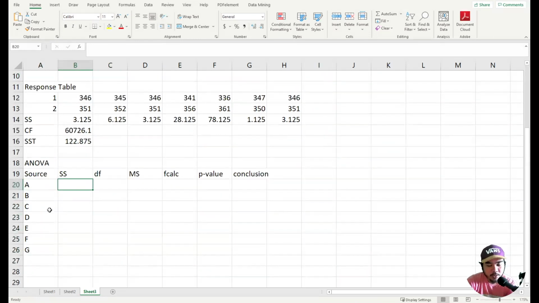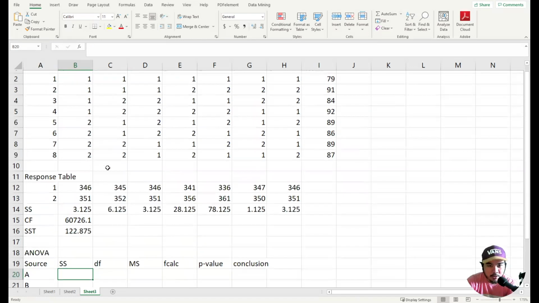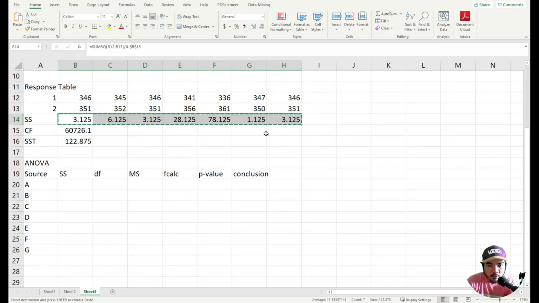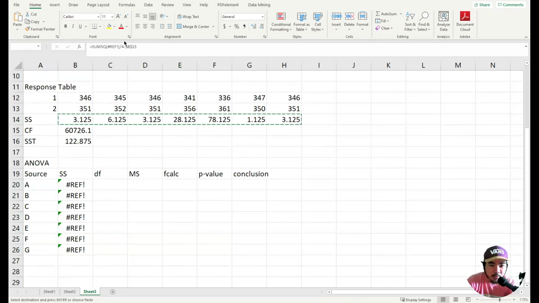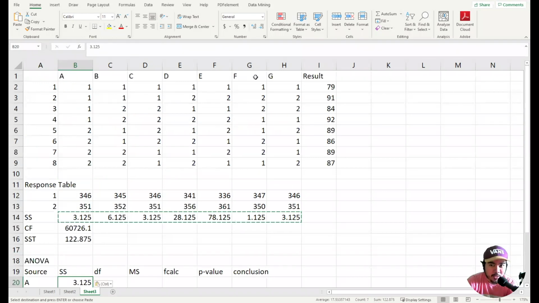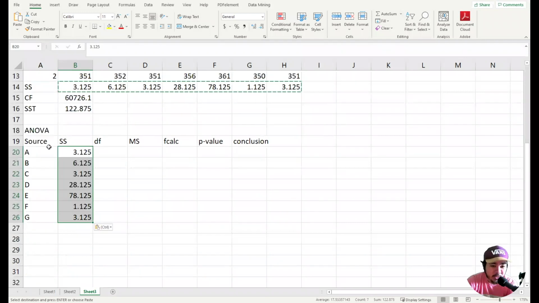So we can just copy this directly. The easiest way is to copy, then paste special, with Values and Transpose checked, so you can paste it like this. Since these are A, B, C, D, E, F, G, they're alphabetical, and therefore alphabetical here too. So that's the easiest way.